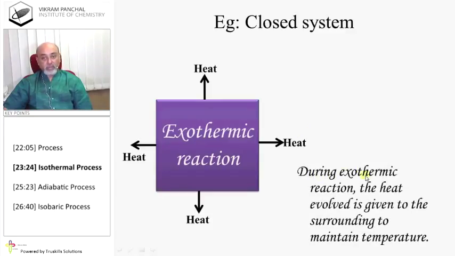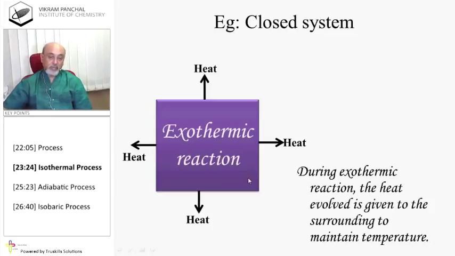So during an exothermic reaction, the heat evolved is given to the surrounding to maintain the temperature, and then it is called an isothermal process. That means during an isothermal process, to maintain the temperature of the system and surrounding, we have to exchange energy. Otherwise, temperature changes.